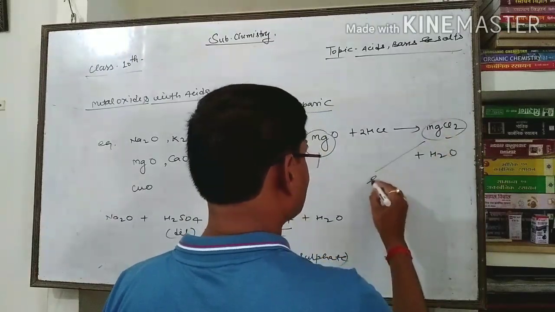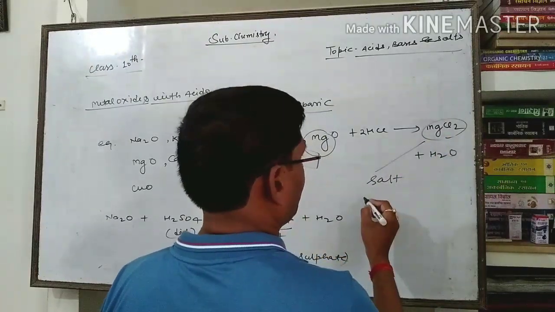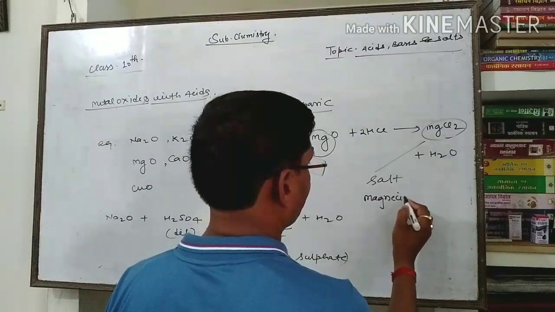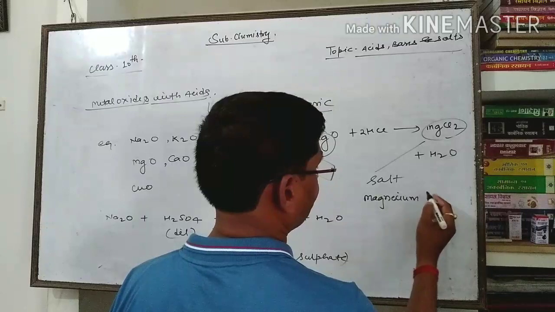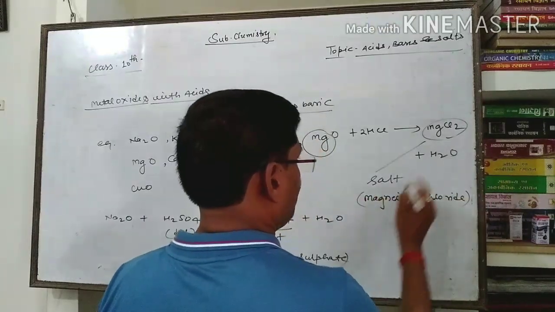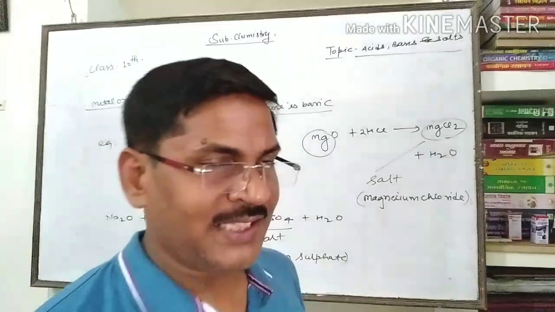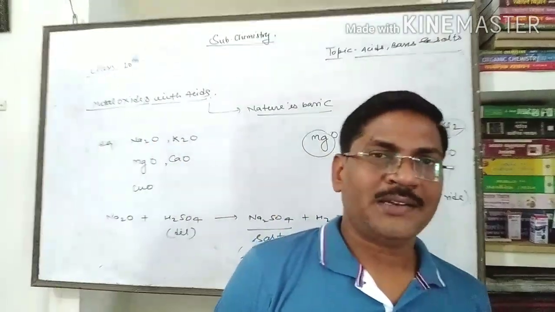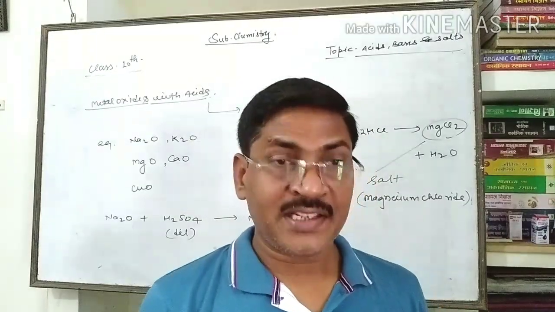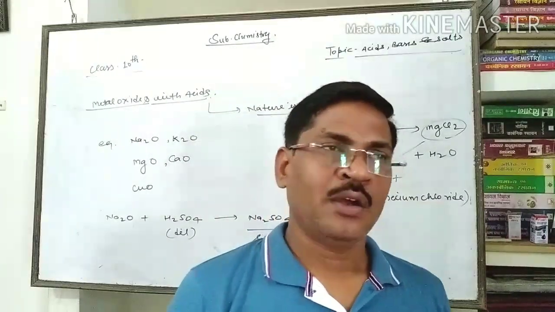So here you are seeing salt, magnesium chloride, with formation of water. So these are the reactions of the metal oxides having basic nature, and they react with acids, then they give salt and water.